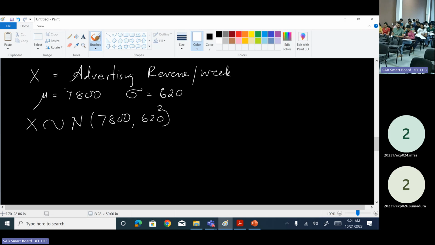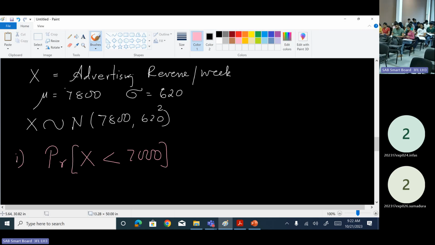Right, so now the first part. As you read, you put down the notation. First part: probability, weekly revenue less than 7,000. So P(weekly revenue is less than 7,000). As you read, you put down the notation.